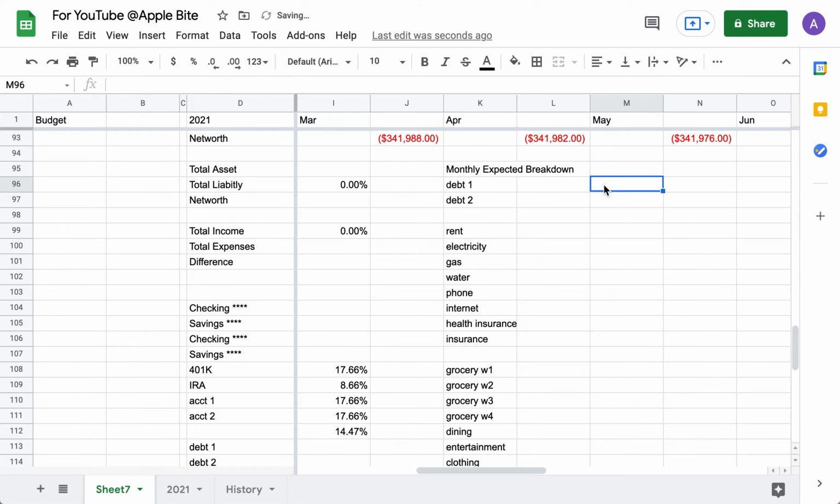So for each month, what do you expect to put forward? Maybe 500, and then 500, and then rent, electricity. This gives yourself a limit, to see if you're over the limit or under the limit.